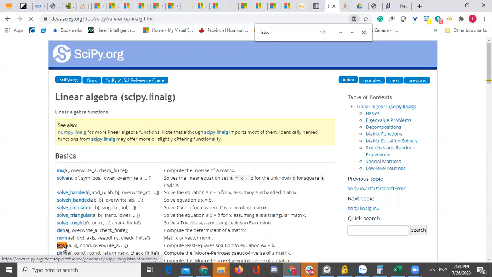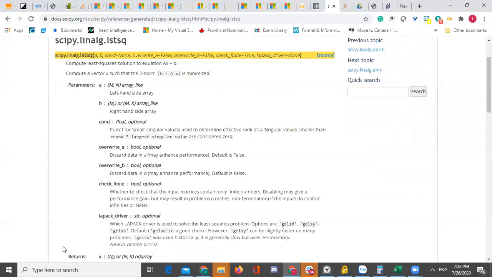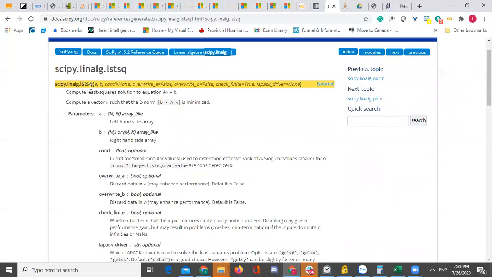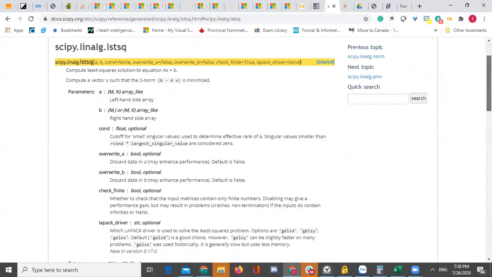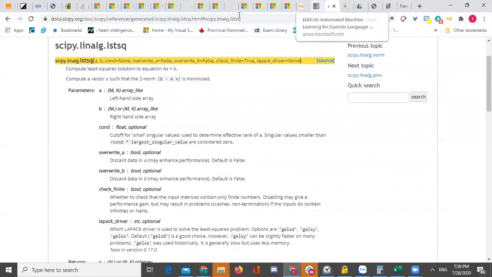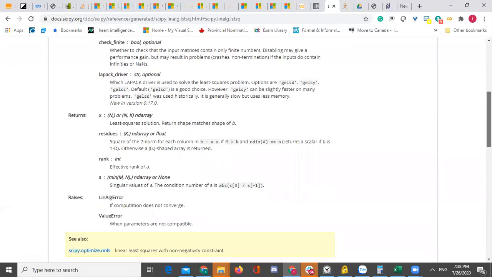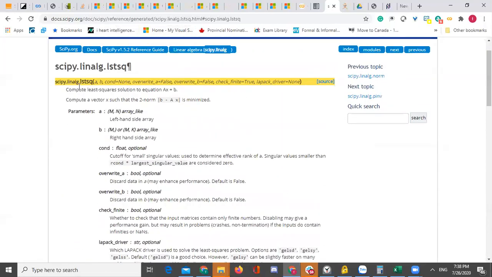Okay. So W0 and W1 is the least square. Oh, I see. Okay, I got it. So let's check out this library. Let's check out this example.